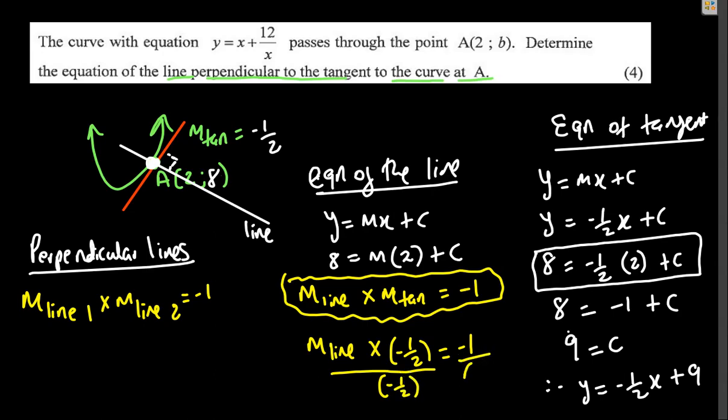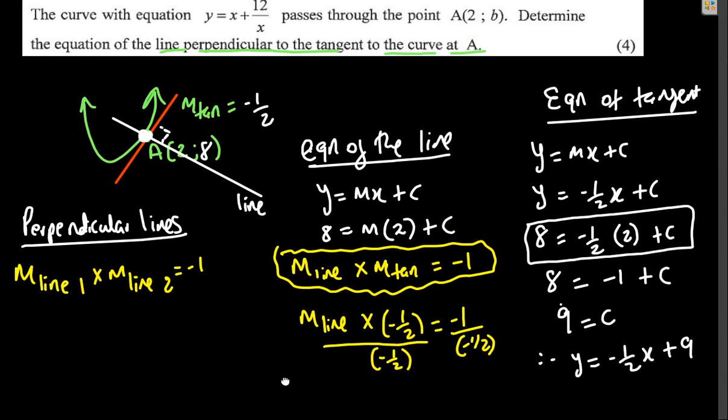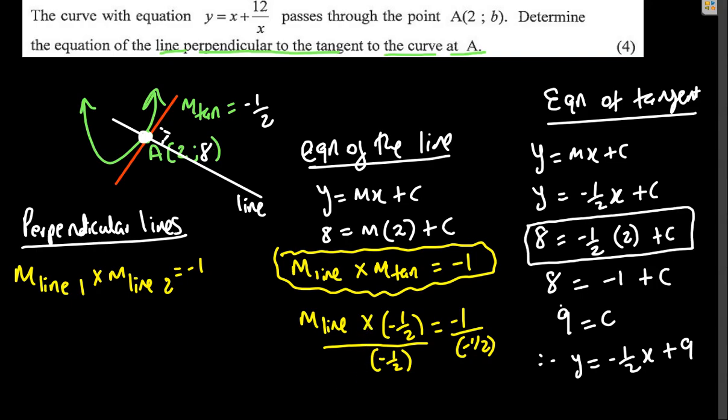Why? Because we have a multiplication sign there. So the gradient of the line would be equal to -1 divided by half, which should be 2. Therefore, now that we have the gradient of the line, we can substitute it.